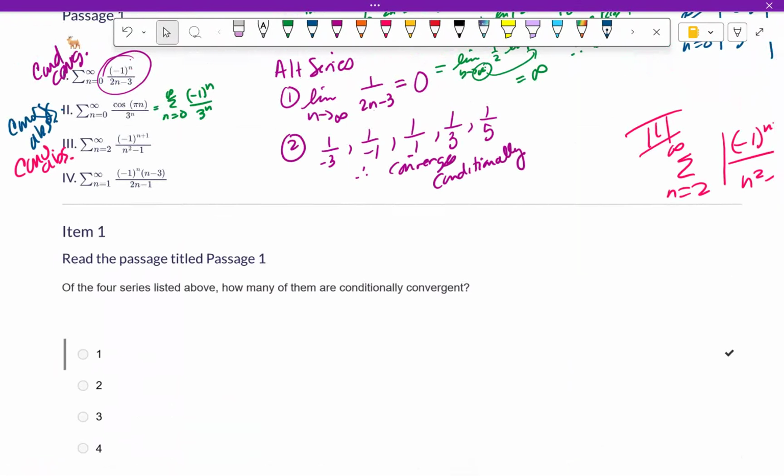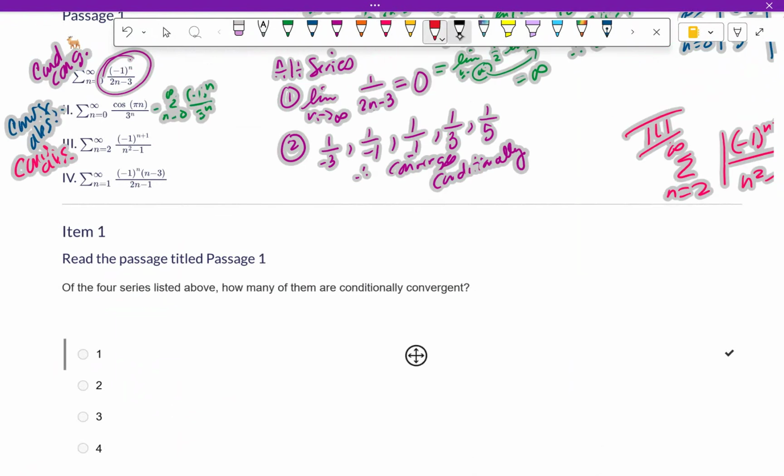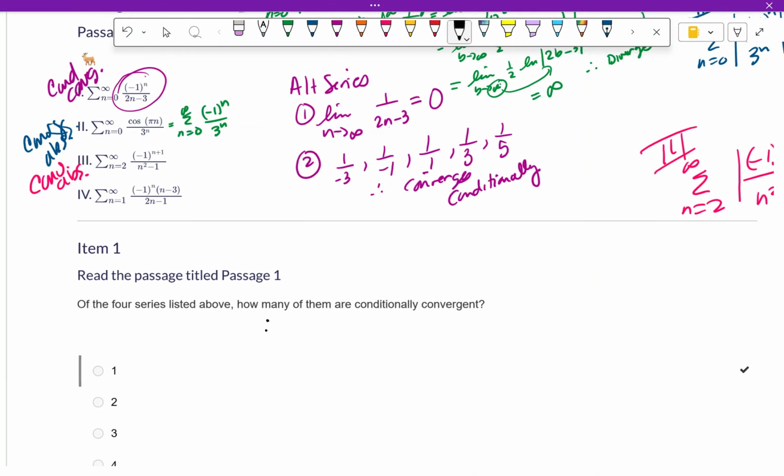All right, let's look at the 4th one. And then I'll give you time to work, okay? All right, 4th one. I'm gonna put it down here. I'm gonna do the absolute value of it again, because that's kind of where I started all of them. I'm trying to be consistent, okay?